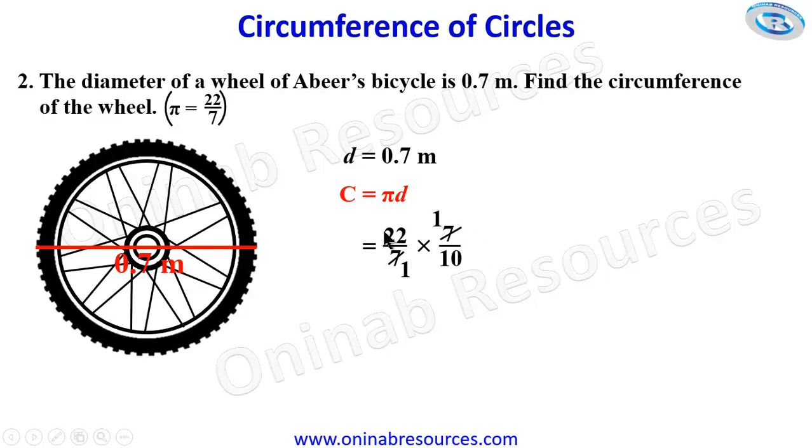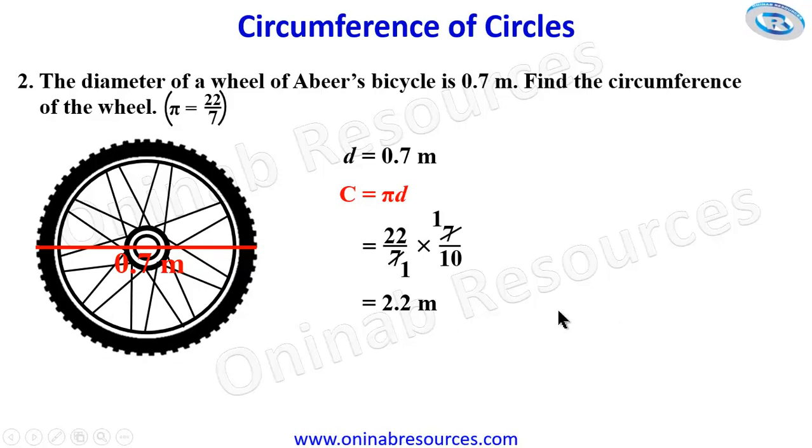It is easier for me to simplify to get my final answer. This is as good as 22 divided by 10. And 22 divided by 10 is 2.2 meters, representing the circumference of the wheel.